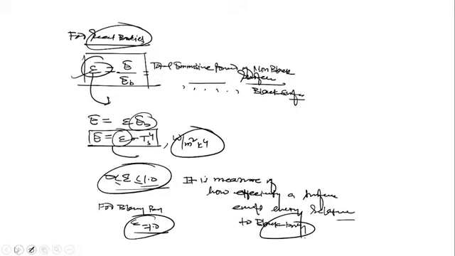Black body is the body which can absorb all the radiant energy incident on it. Whatever energy gets incident will get absorbed. No fraction will transmit, no fraction will reflect, all will get absorbed. That's a black body.